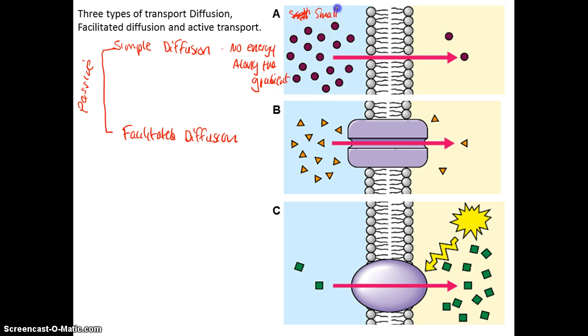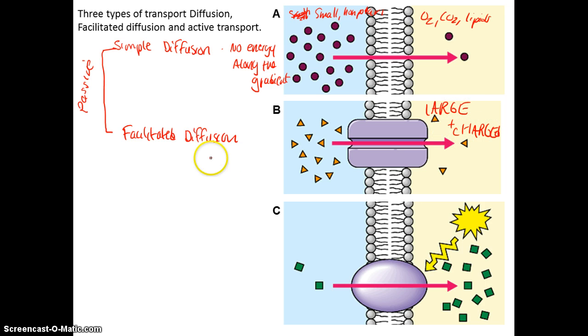Small and nonpolar. And things that are small and nonpolar are things like oxygen, CO2, and your lipids. Okay, and facilitated diffusion allows things that are large and charged.